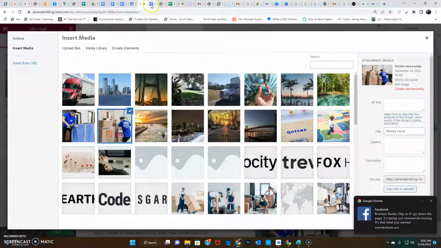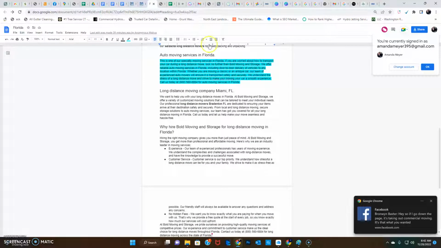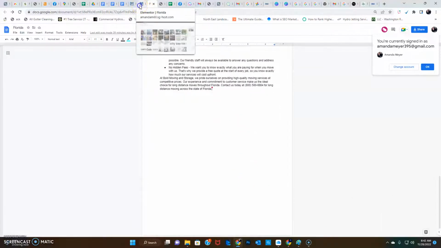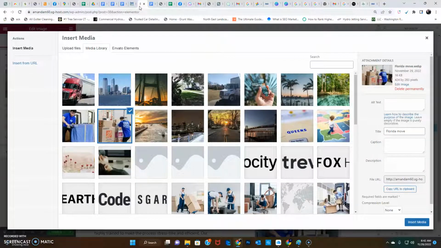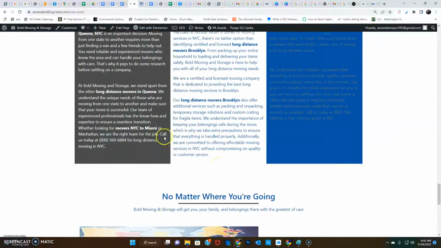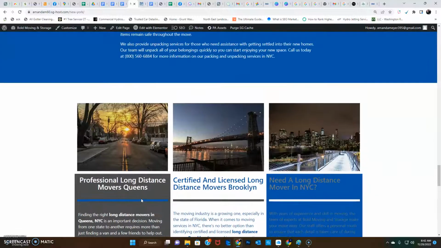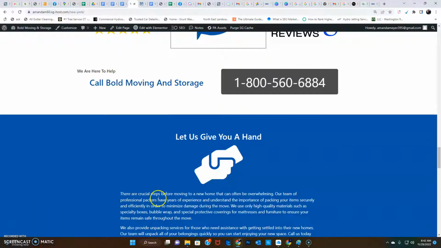Okay, so I think that is essentially it. I will finish rebuilding this page, and then I'll tell you when it's done so you can take a look.